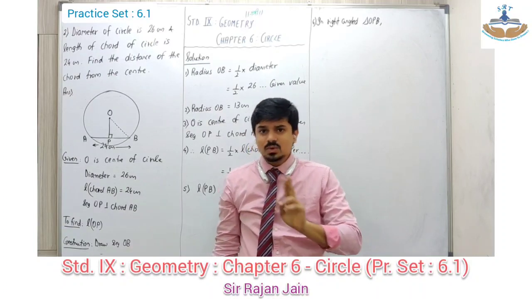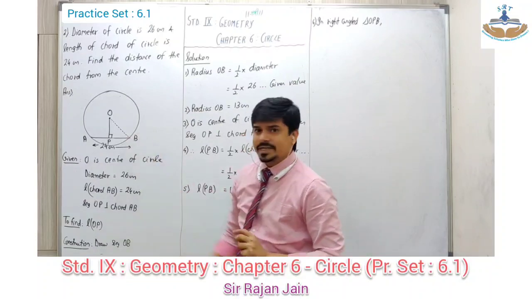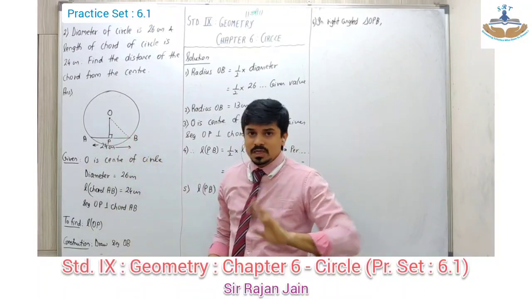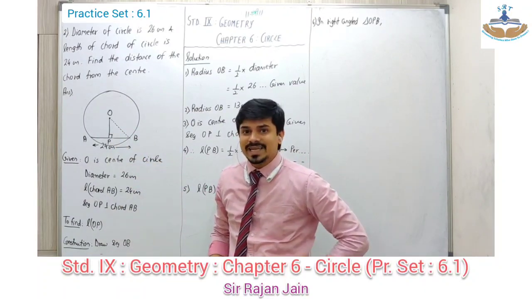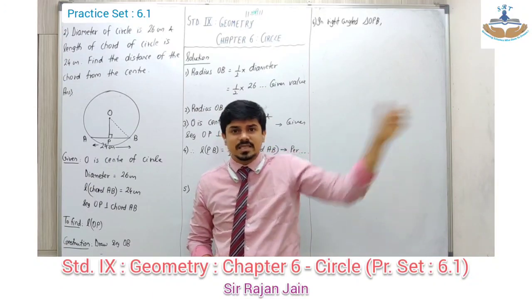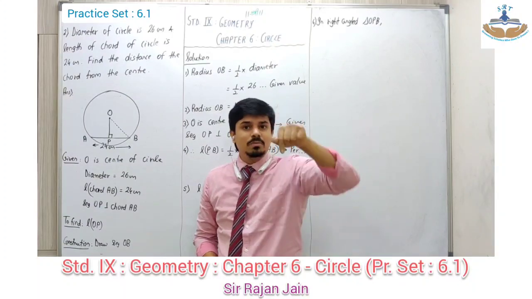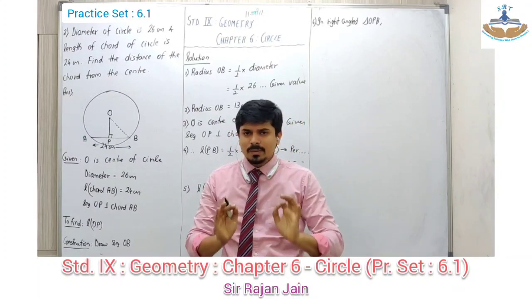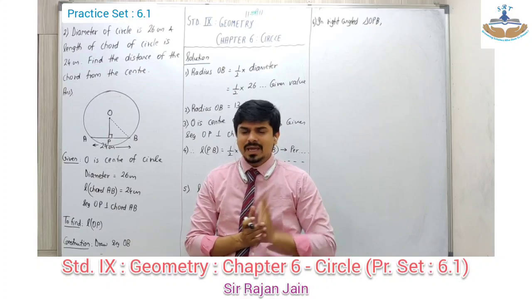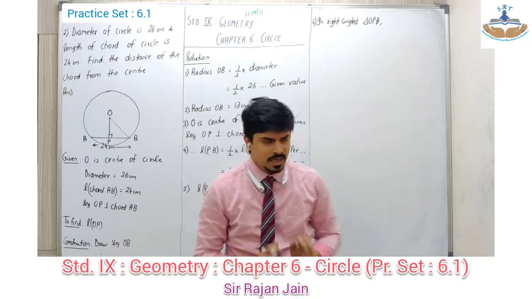Second is one side square plus other side square equal to hypotenuse side square. अभी मेरा unknown quantity कौन सा है? OP. OP is one among the sides forming a right angle triangle. तो अभी मैं क्या करेगा? Hypotenuse I'll keep it on the right side and बाकी का दो side I'll keep it on the left side because बाकी दो में से एक side is unknown. Try to apply your Pythagoras theorem in such a way that your unknown quantity is on the left hand side of equal to. Clear? Okay.